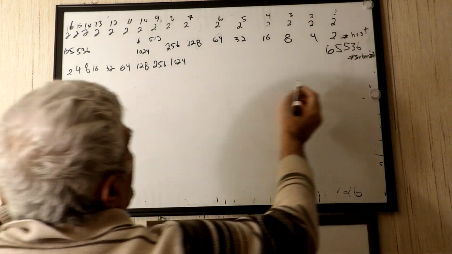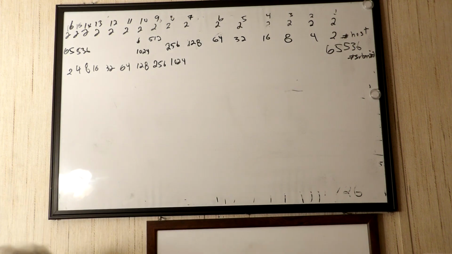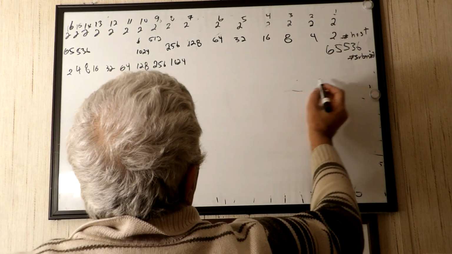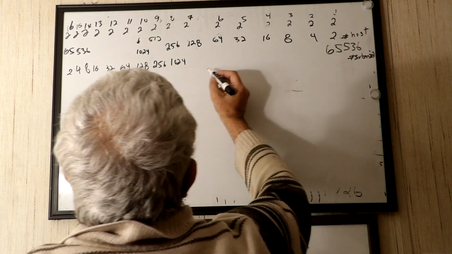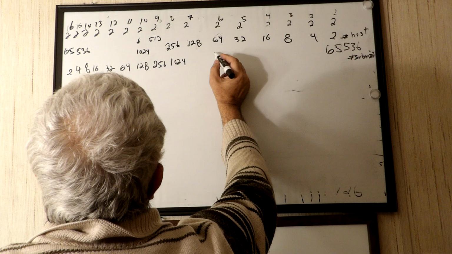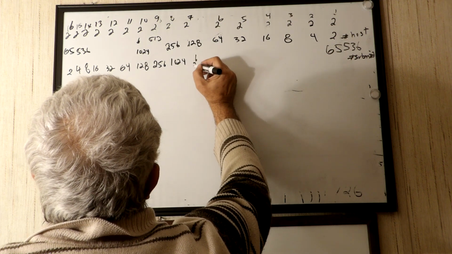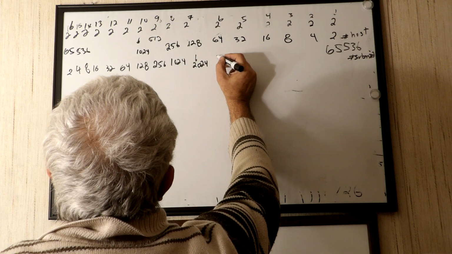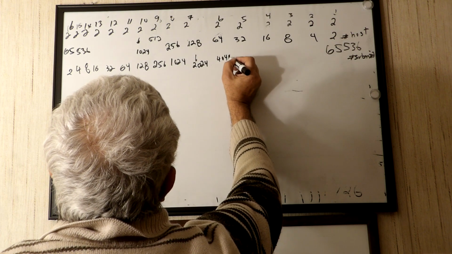Now you write the binary. You can fill these 2024 and then 4048 and so on.